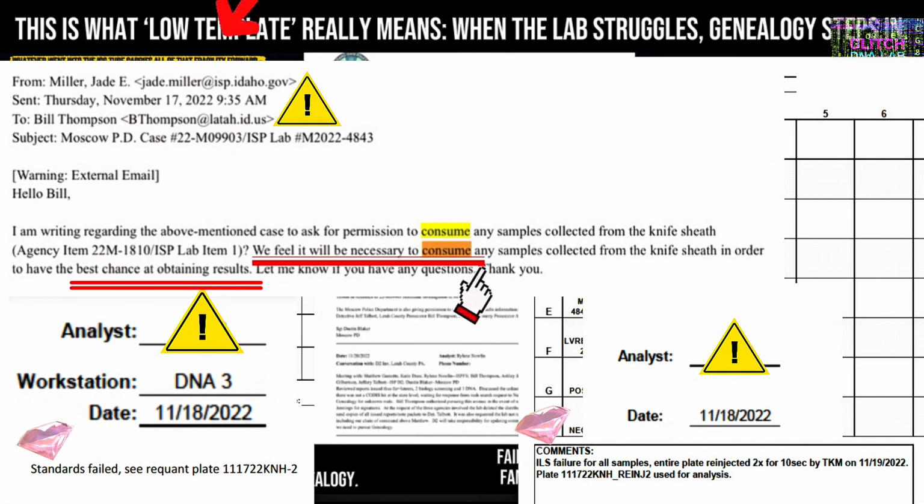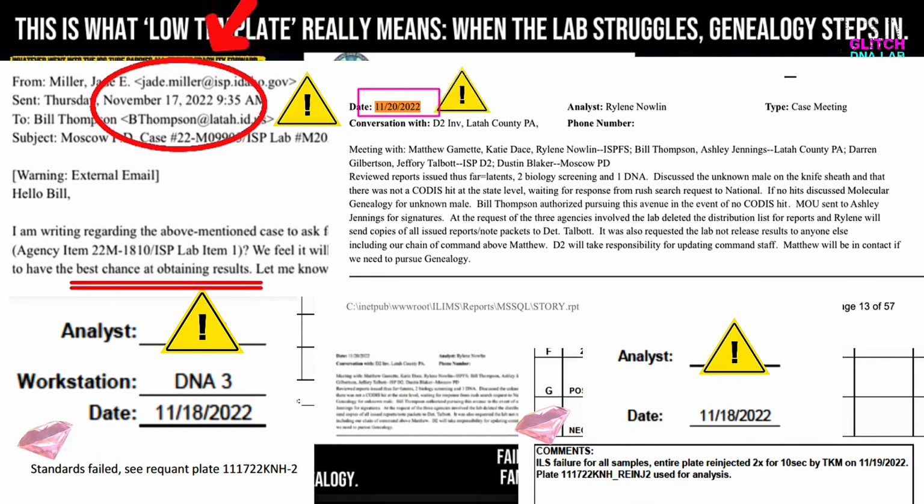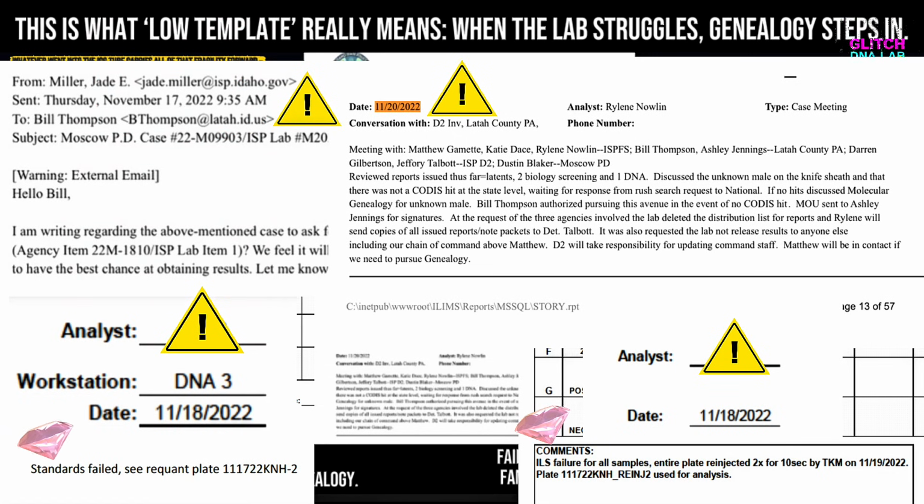STRmix generates a massive likelihood ratio tied to S108, and then genetic genealogy becomes part of the investigative story downstream. Whatever went into that IGG step, including any upstream borderline calls, isn't visible in the simple "we got a match" narrative. Before we get into the statistic, there's a process question.